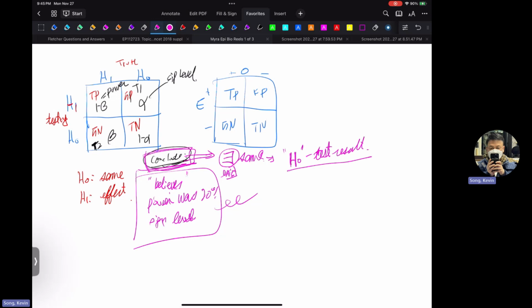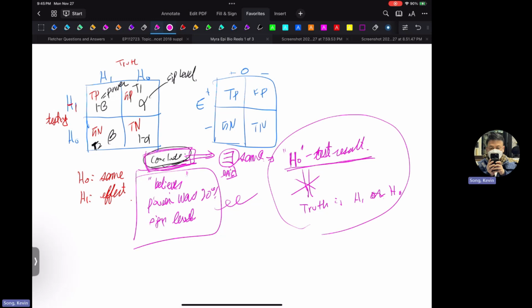H0 is the test result, meaning that the test result is saying that the new drug and the old drug have no difference, right? But this does not mean the truth is H1 or H0. We don't know yet. Okay, so this is a very important point that you need to know.